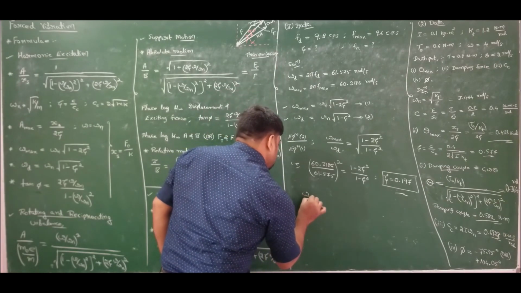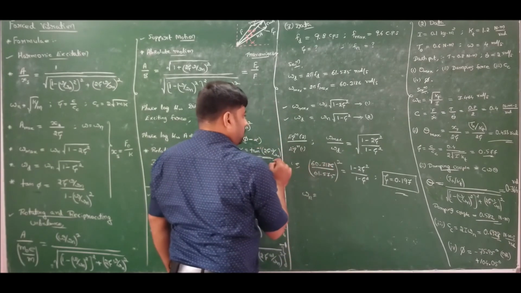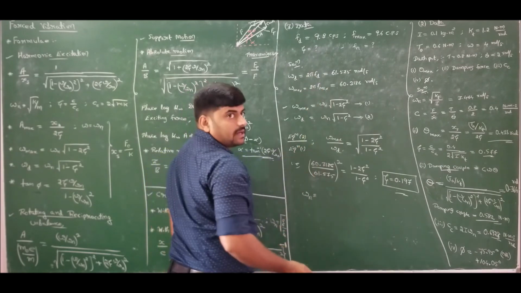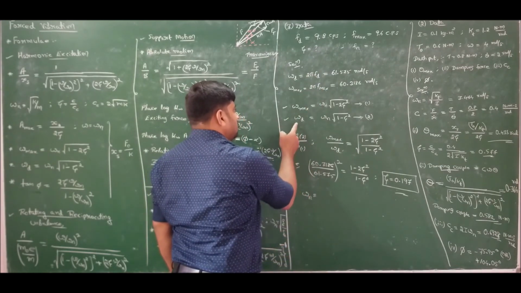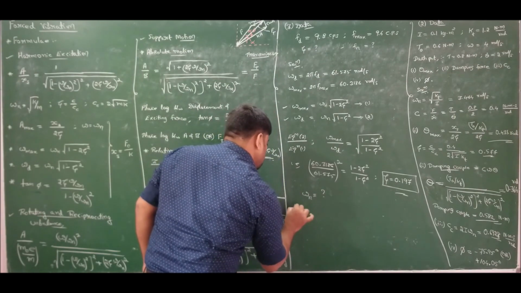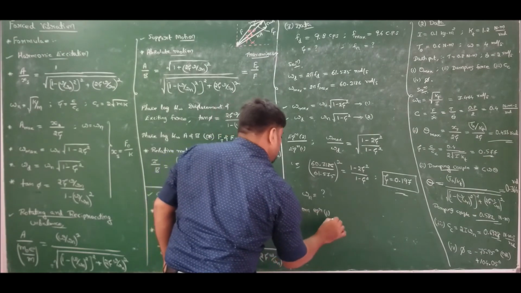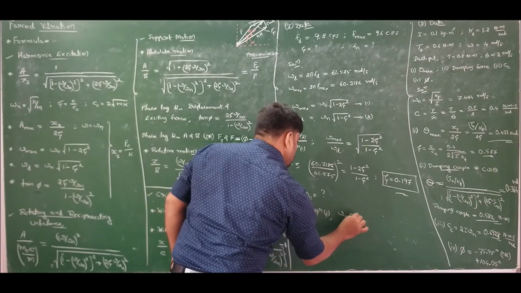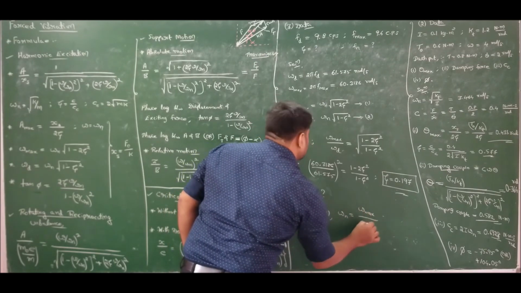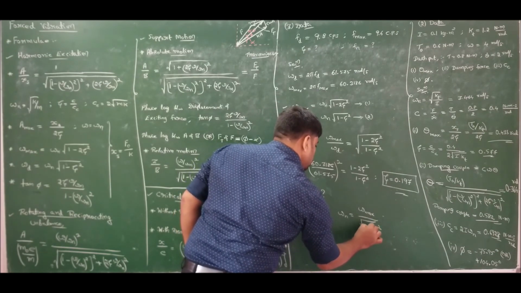Now we know the natural frequency omega n. Let me find it using either of these two equations, because root of k by m I cannot use, as k and m are unknown. I should use either equation 1 or equation 2. From equation 1, I can write omega n as omega max divided by root of 1 minus 2 zeta square.